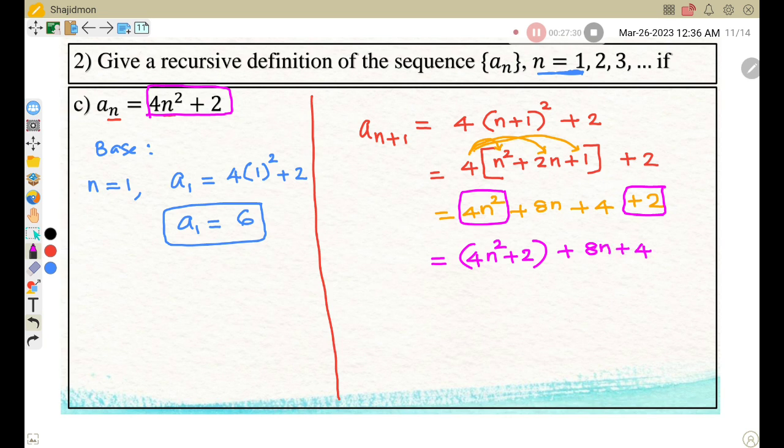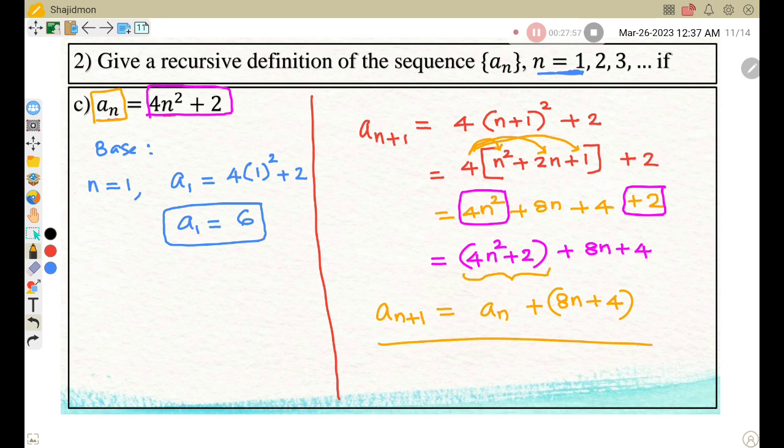Now instead of 4n square plus 2, we can write the same as a_n. So I can write a_n plus 8n plus 4. So where we started? We started with a_{n+1}. a_{n+1} equals a_n plus 8n plus 4.